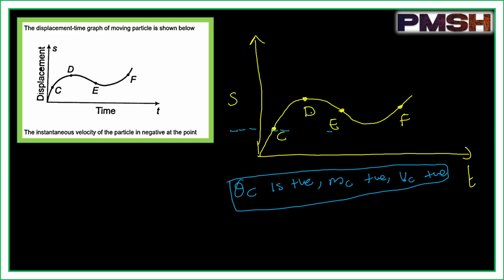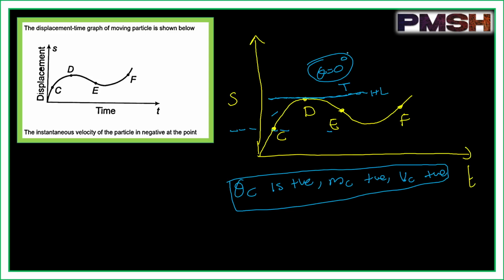We will find at point D. At point D, you will draw the horizontal line. So this is the horizontal line. Then you have to draw the tangent. The tangent is also the same line. So you can see that the angle is 0.